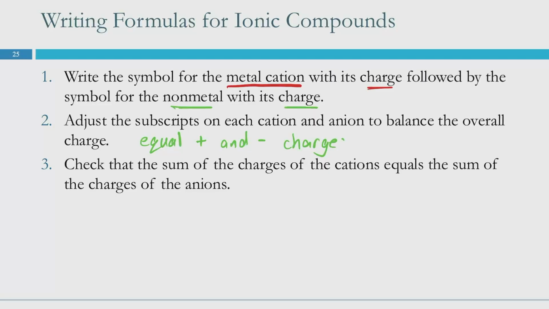Our ionic compounds are always going to have neutral charges, overall at least. And then we can check that the sum of the charges on the cations equals the sum of the charges on the anions, but opposite.